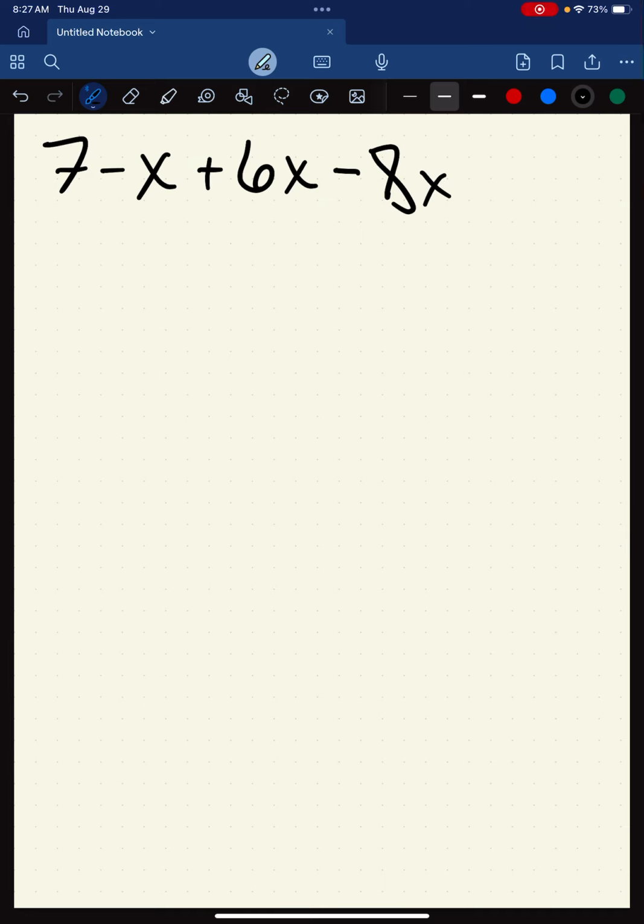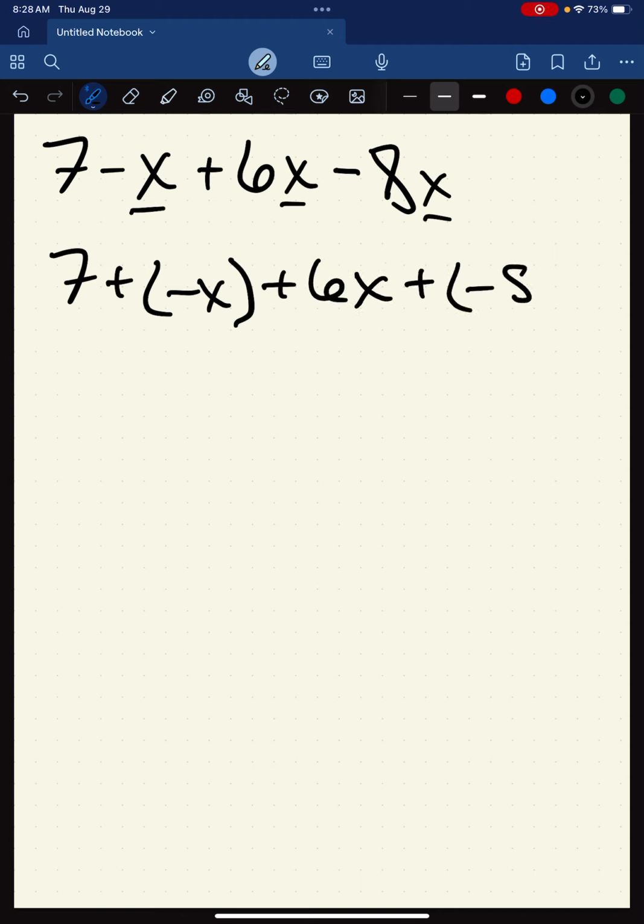Okay, the first thing we're going to do, if you recall, whenever we see terms that are the same, like we see here in an algebraic expression, we always simplify. So 7 minus x is 7 plus negative x. We have plus 6x, and then minus 8x is plus negative 8x.